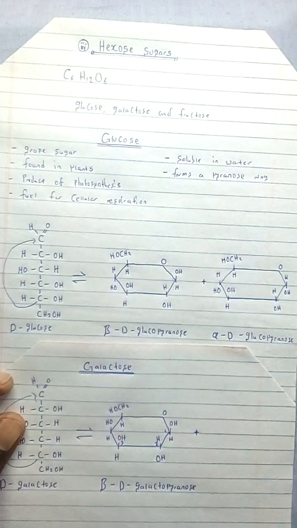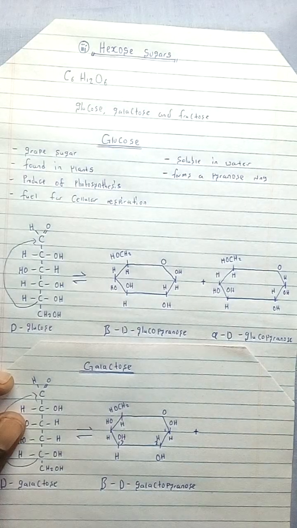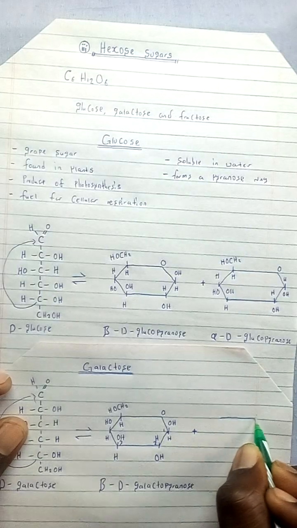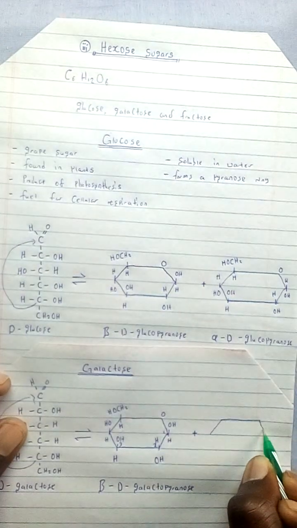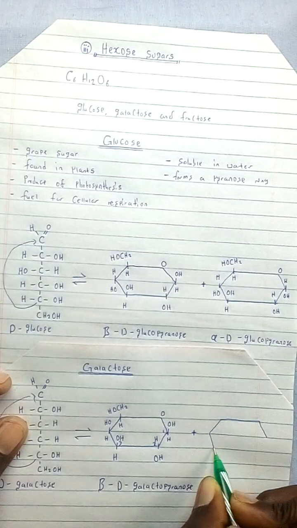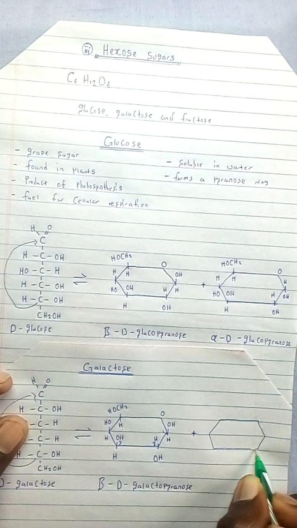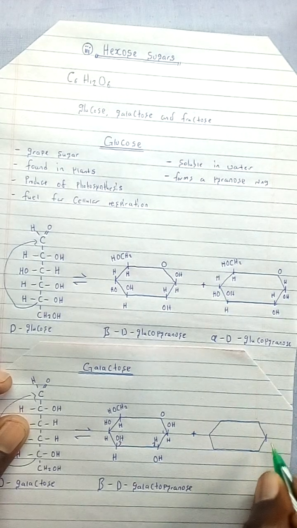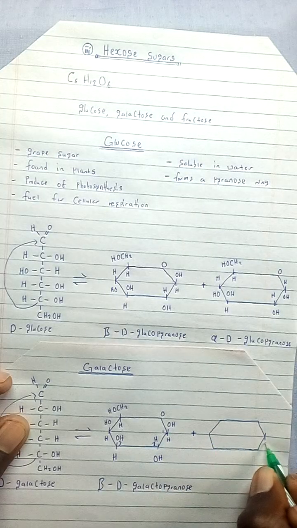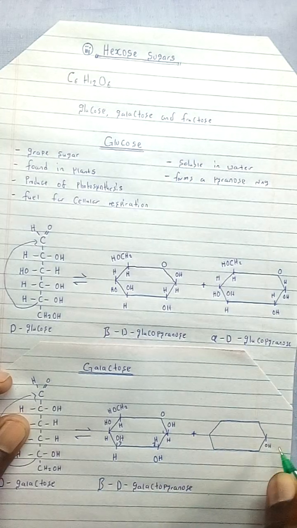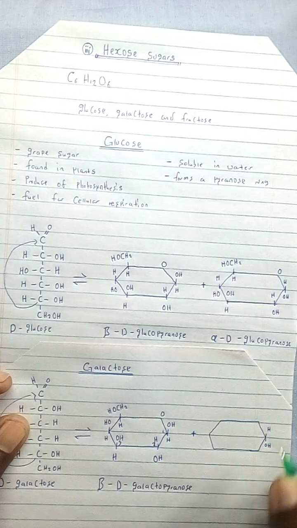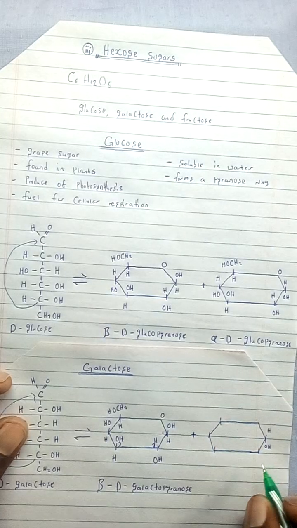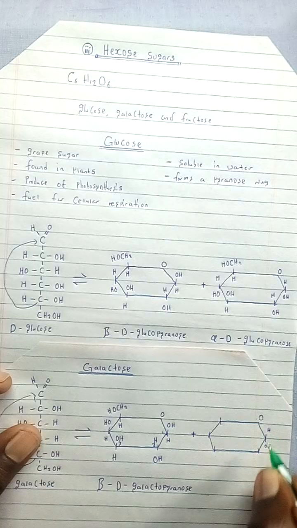Now let's just draw the alpha form. The difference between the alpha and the beta is on carbon number 1. The OH group, since it is up in beta, will be down in the alpha form. Everything else remains the same.